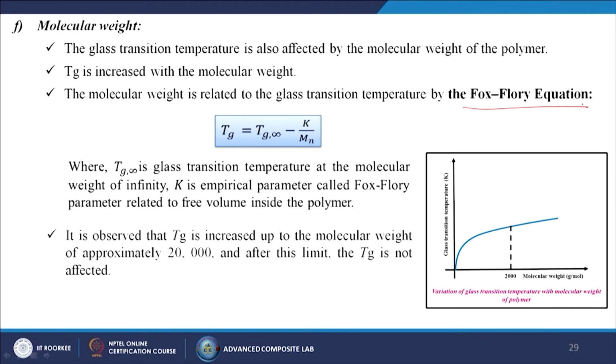It tells that Tg is equal to Tg infinity minus K by Mn, where Tg infinity is the glass transition temperature at a molecular weight of infinity, and K is the empirical parameter called the Fox-Flory parameter, which is related to the free volume inside the polymer. It is observed that the glass transition temperature increases up to a molecular weight of approximately 20,000, and after this limit the glass transition temperature is not affected.